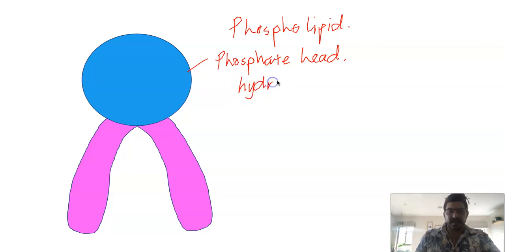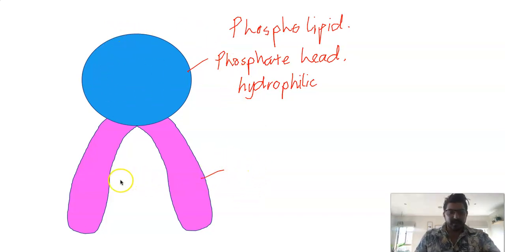If you remember back to our lesson on water, what hydrophilic and hydrophobic mean. Hydrophilic is water loving. So these guys love water. They are attracted to water. They are a polar molecule, and they are attracted to the water molecules.